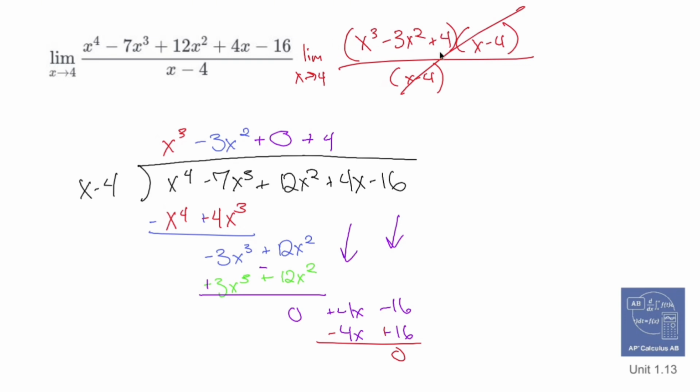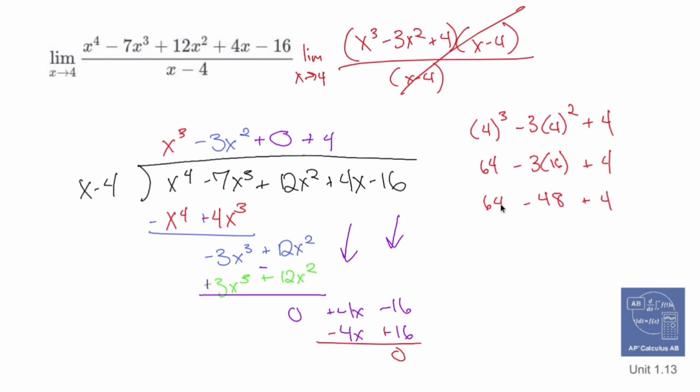So I plug in 4, which is going to be 4 cubed minus 3 times 4 squared plus 4. 4 cubed is 64 minus 3 times 16, which is 48, plus 4. That gets me 64 minus 48 plus 4.